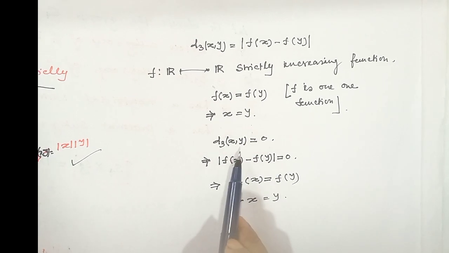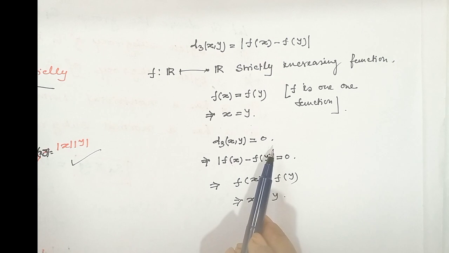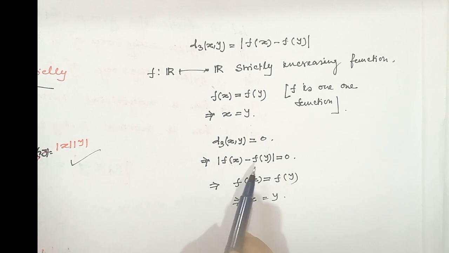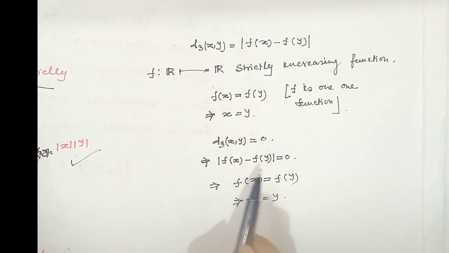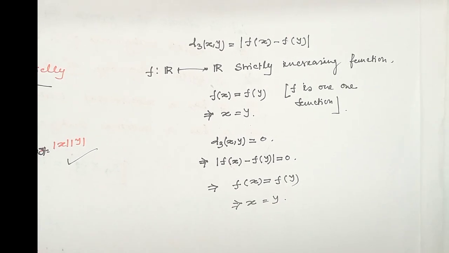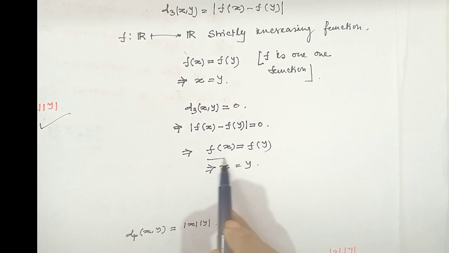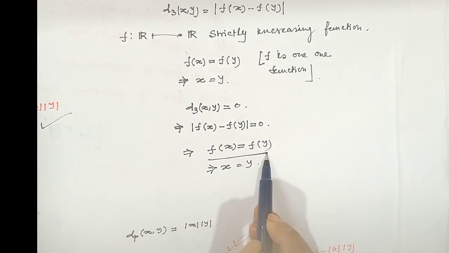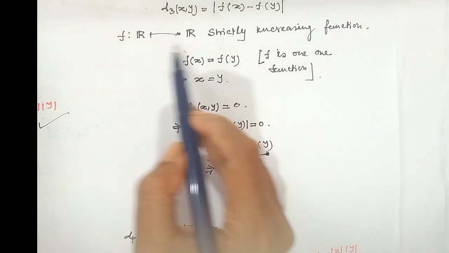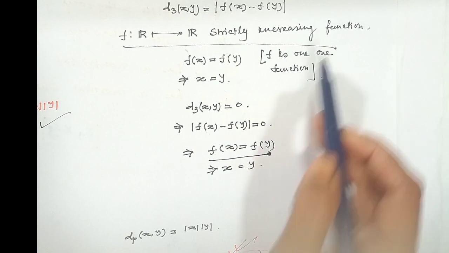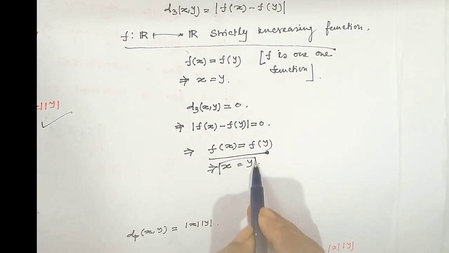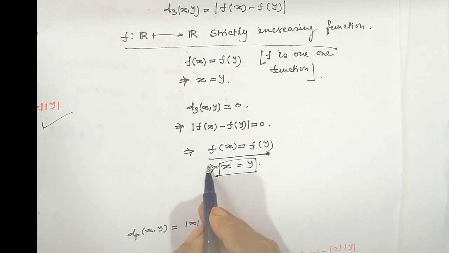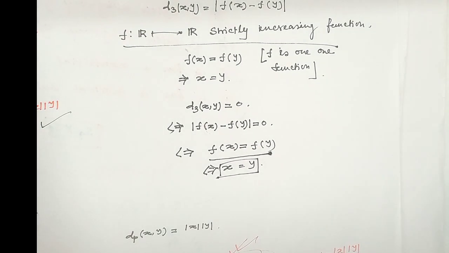That means d3(x,y) equals 0, so |f(x) minus f(y)| equals 0, which implies f(x) equals f(y), and since f is strictly increasing, by the property of one-one that implies x equals y, and this condition is an if and only if condition.